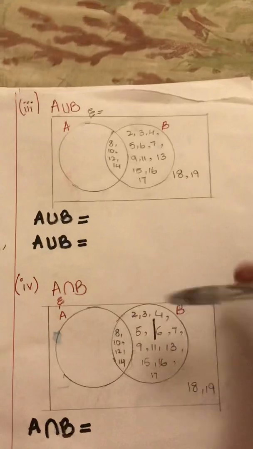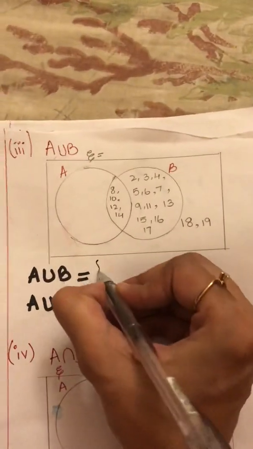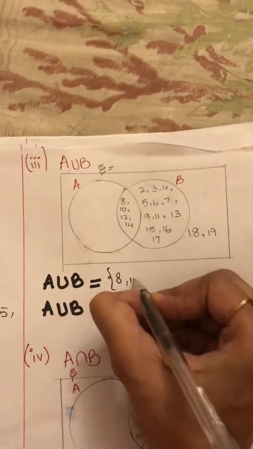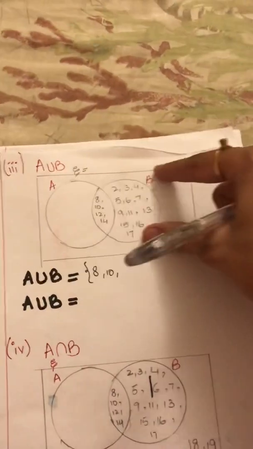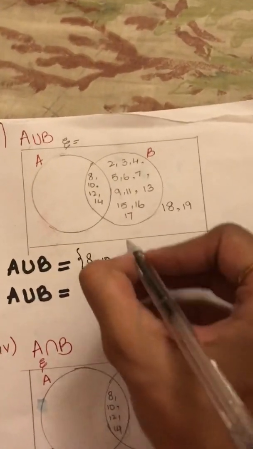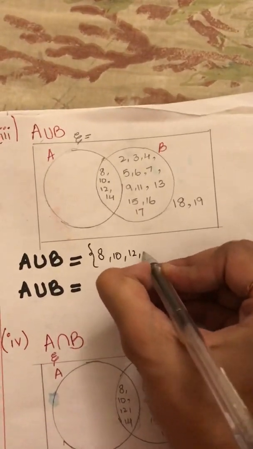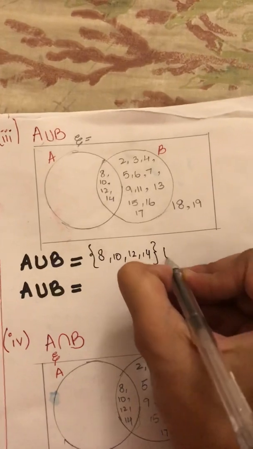Now let's see A union B. Let's write it down; this is done mathematically, right? And this is actually the Venn diagram. So let's first see it mathematically and clear our concept.